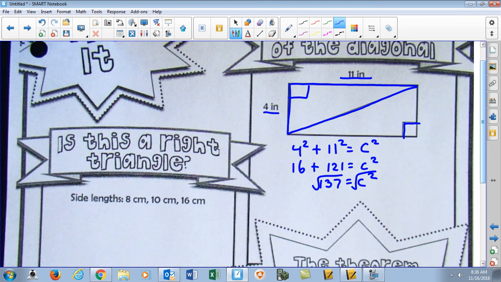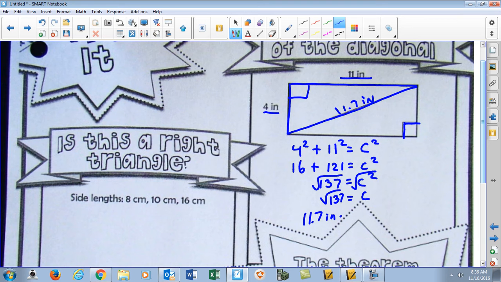The square root of C squared is C, and that's the square root of 137. If we take the square root of 137, you get 11.7 inches. So this diagonal right here would be 11.7 inches. Not too bad?